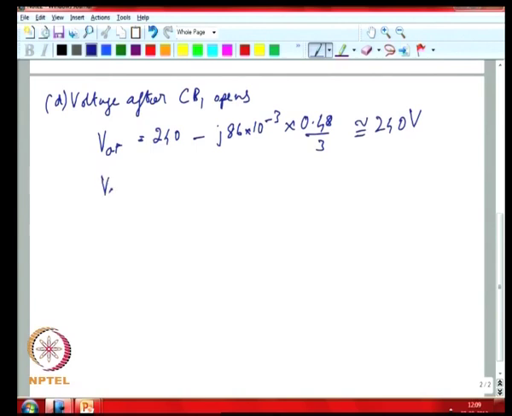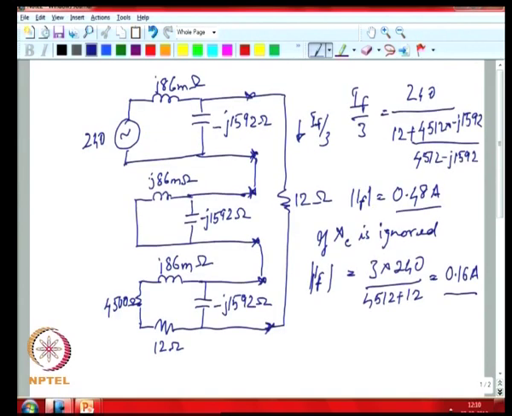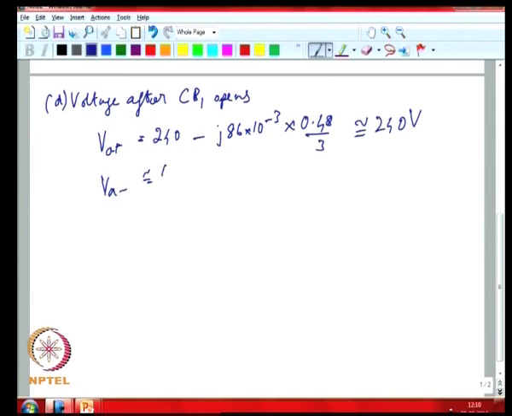If you look at VA minus, this is the voltage across these 2 points because of the 0.48 amps fault current that is flowing, and you can see that 0.48 amps will cause a very small drop across the negative sequence network. So, this is roughly equal to 0, and VA 0 is roughly equal to minus 240 volts, because the voltage drop along that loop has to add up to 0.